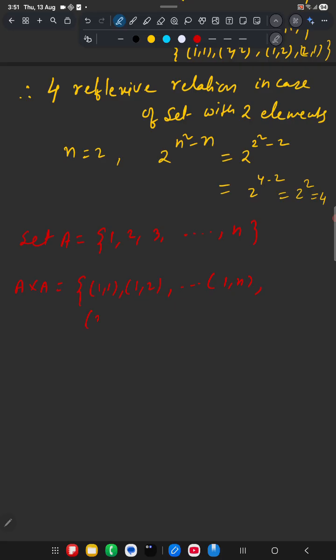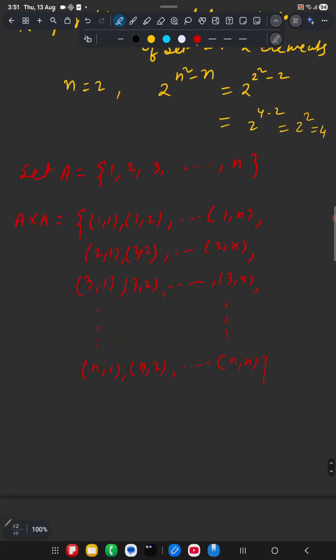Then 2 1, 2 2, up to 2 n. Similarly 3 1, 3 2, up to 3 n. I'm not going to write anymore. We will come to n 1, n 2, up to n n.